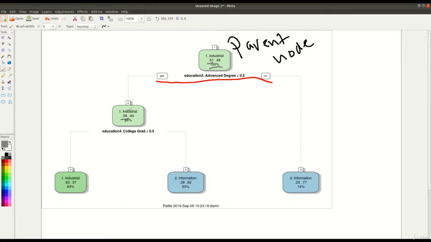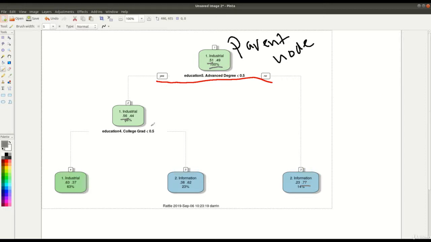It's still impure, even though it's not completely impure. And then over here, for the information node, you can see that it went from 51-49 to 77-23. In other words, this is getting very pure over here, although we still have some misclassification. In other words, people who do not have advanced degrees are still having jobs where they're classified in the information zone. People still have information type jobs without the advanced degree.